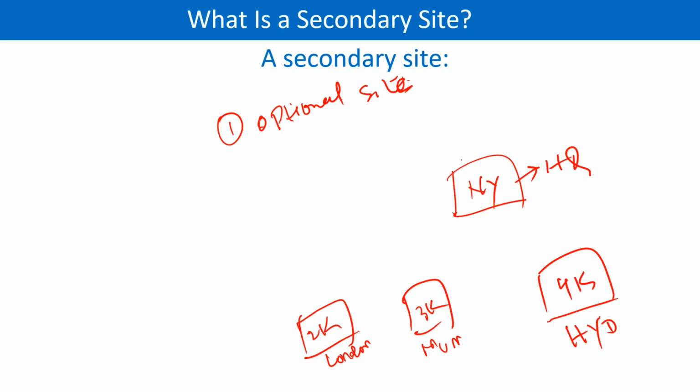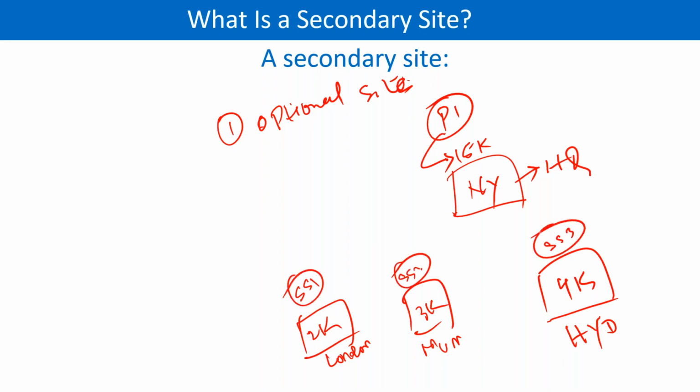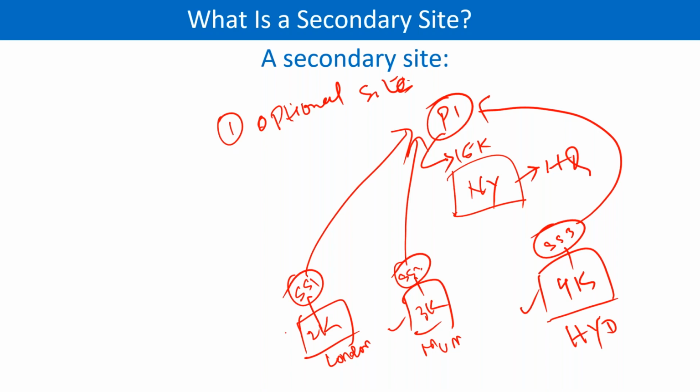And in New York, you have like 15,000 devices. So one primary site will be managing these 15,000 devices because that's on the LAN network. But for the devices in London, Mumbai and Hyderabad, you will have to install secondary site 1, secondary site 2, secondary site 3, and these secondary will report to primary like this. The devices will be managed through the secondary site.